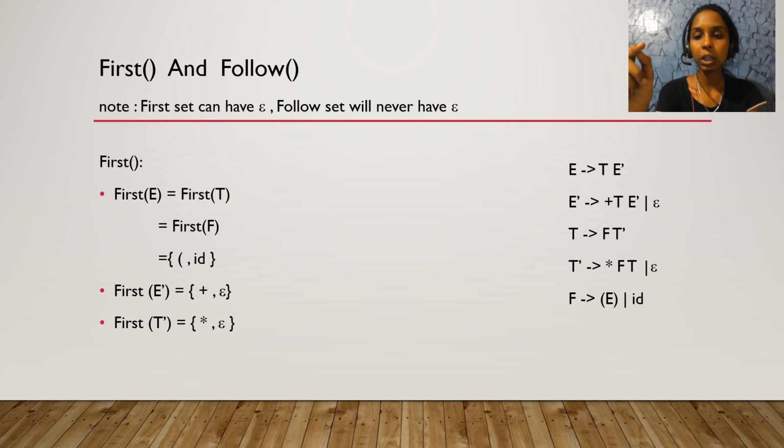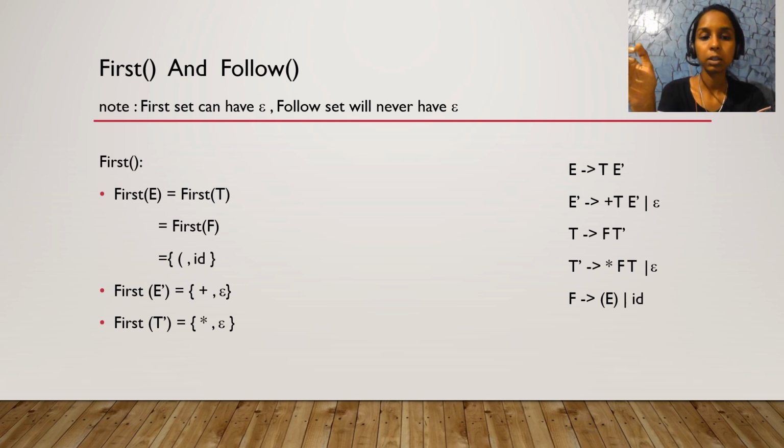Then next is first of E dash. E dash tends to plus T E dash, where plus is a terminal, so we are adding plus into this set. Also you can see that E dash tends to epsilon, an alternative production, so we are adding epsilon also. The first set can have epsilon, whereas the follow function will not have epsilon.